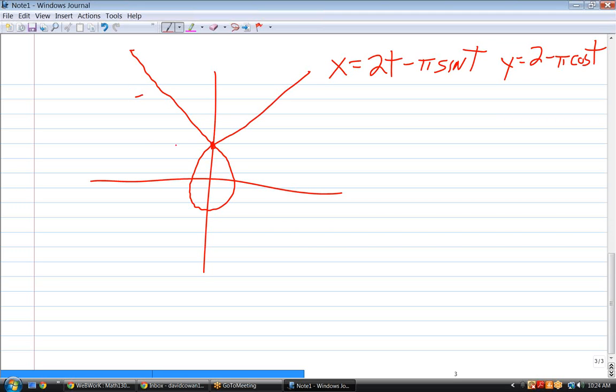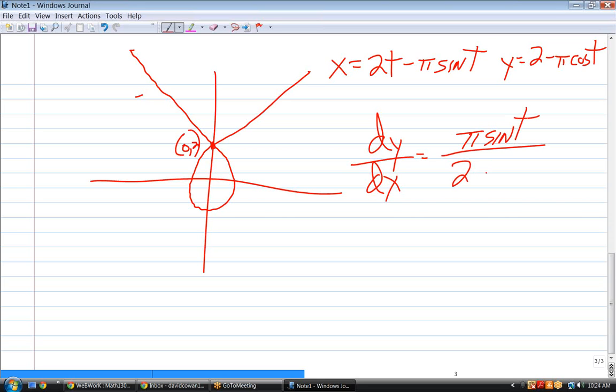In other words, this point 0, 2, we want the equations of the tangent lines. Okay, so if we go through the analysis that I went through trying to find dy dx, we get dy dt, which is pi sine t, over dx dt, which is 2 minus pi cosine t.